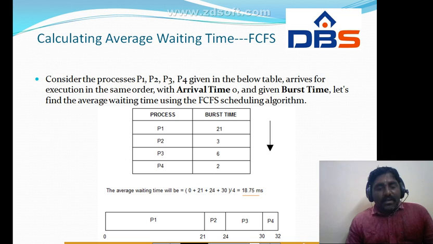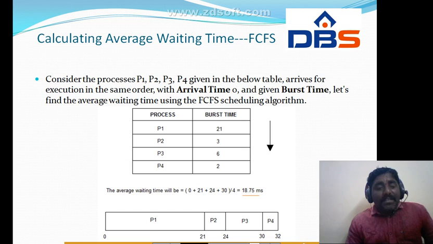This you should know very clearly. P1's waiting time is 0, because the process does not wait; it immediately comes and goes. For P2, this is the starting time and this is the waiting time: P2 starts at 21 and ends at 24, so P2's waiting time is 21.